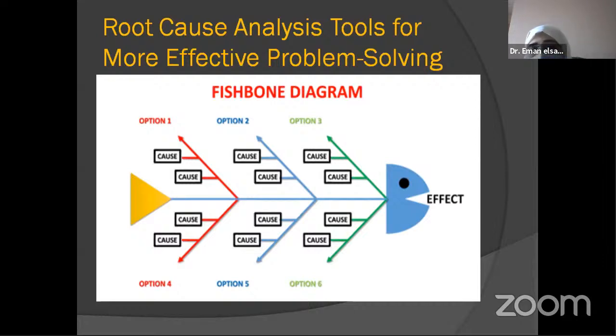At the head of the fish, we write the effect or the problem, or the goal if you make it proactive. On the arrows, we write the causes that lead to or affect the problem. And when you solve these, we reach the solution or the effect that we need.